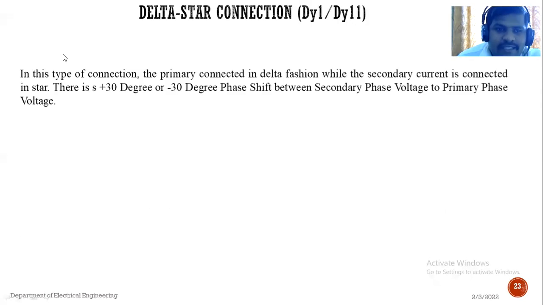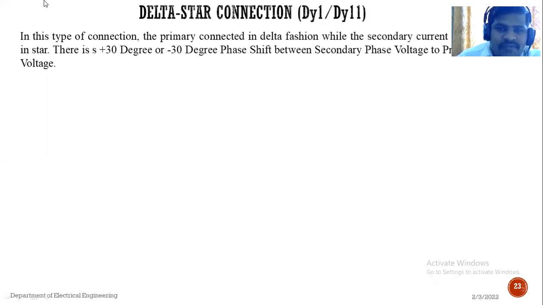We have already discussed phase displacements of 0 and 6. Today we will discuss delta star 1 and delta star 11.